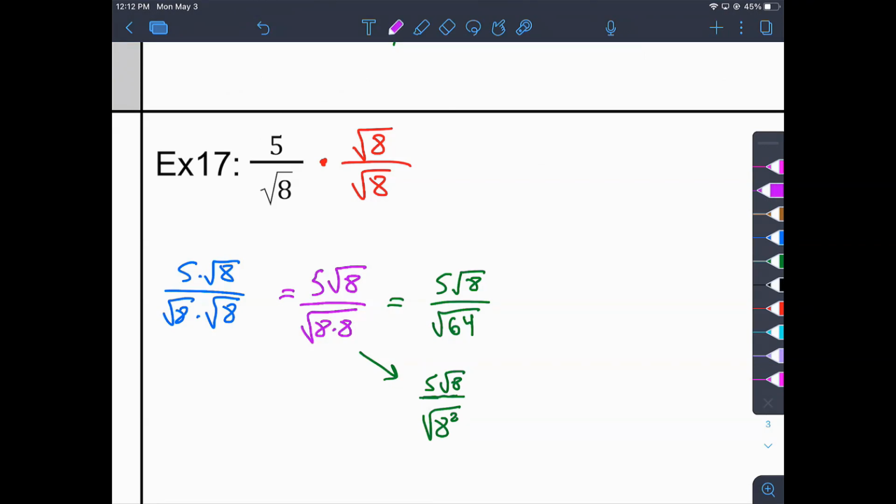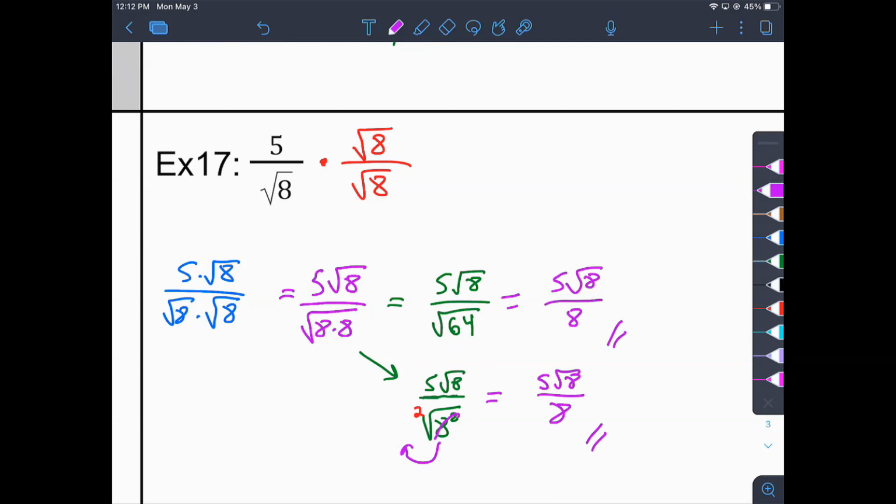Well, the square root of 64 is 8. And then down below, we'd be like, okay, well, 8 squared, what's the index number? It's not written, so it's a 2, which means this 2 and this 2 will cancel each other out, and I get to pull an 8 to the outside. So I still have 5 root 8, and now I pull an 8 out. Oh, it's the same answer.